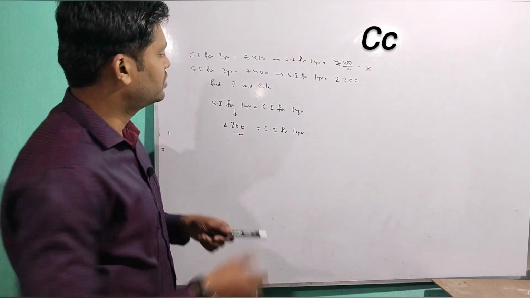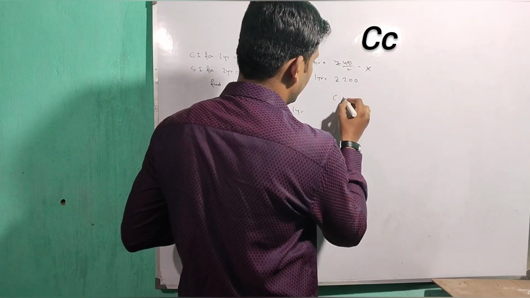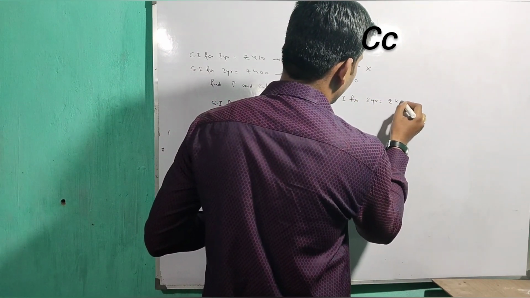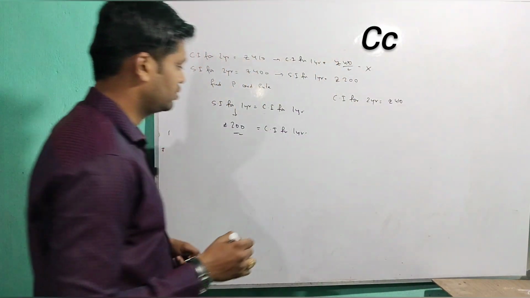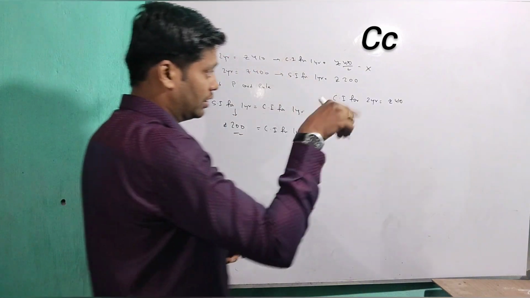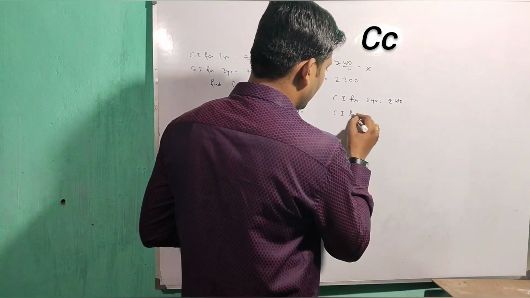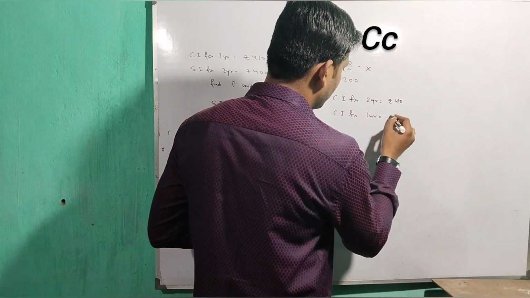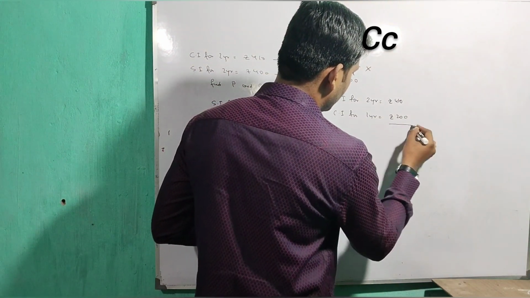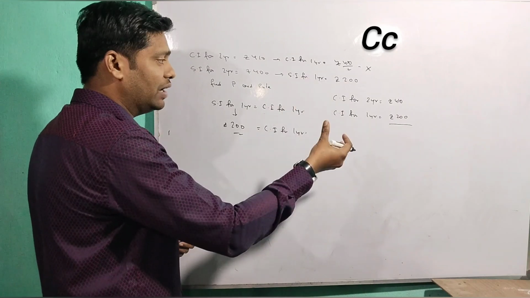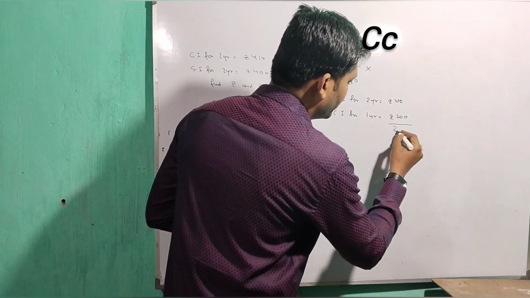CI for 2 years is equal to rupees 410, total. And CI for 1 year is equal to rupees 200. So how much interest has he gained in the second year? Rupees 210.